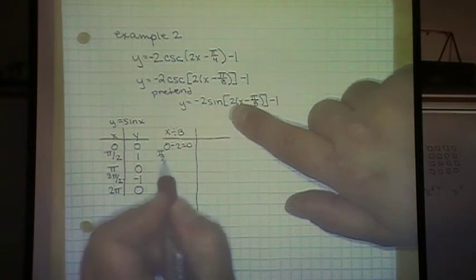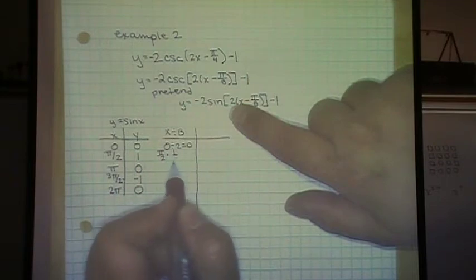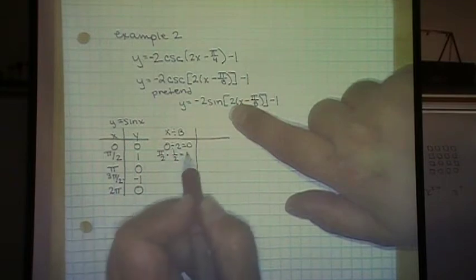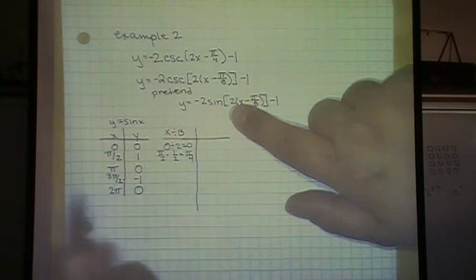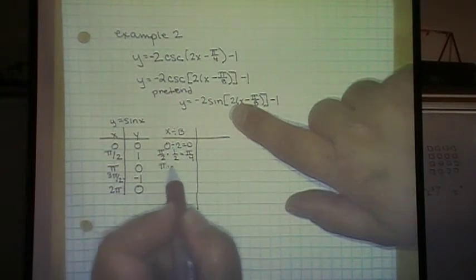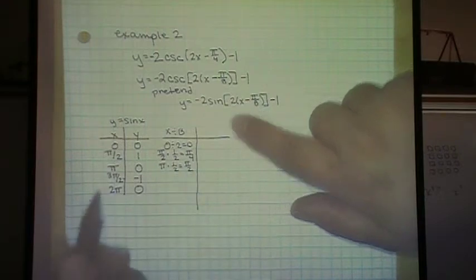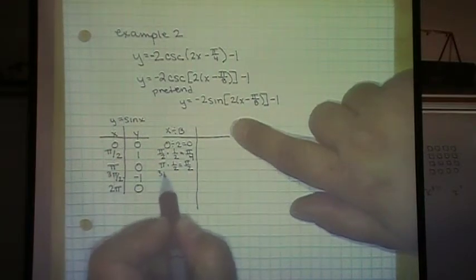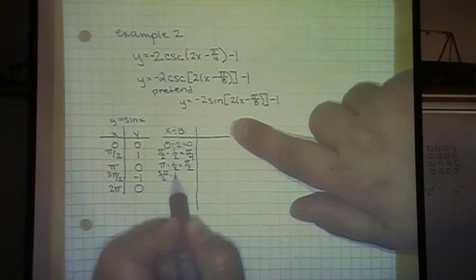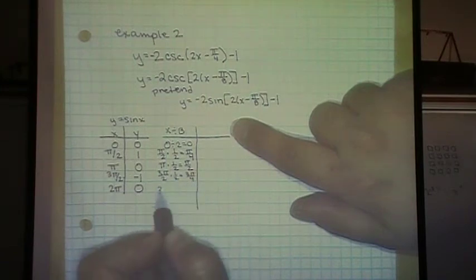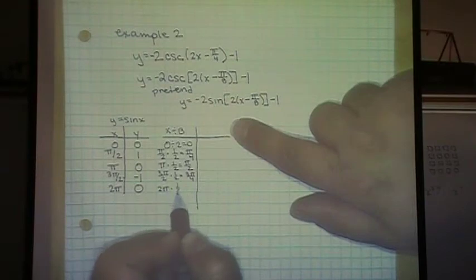Pi over 2 times 1/2 gives me pi over 4. Pi times 1/2 is pi over 2. 3 pi over 2 times 1/2 is 3 pi over 4. 2 pi times 1/2 is just pi.